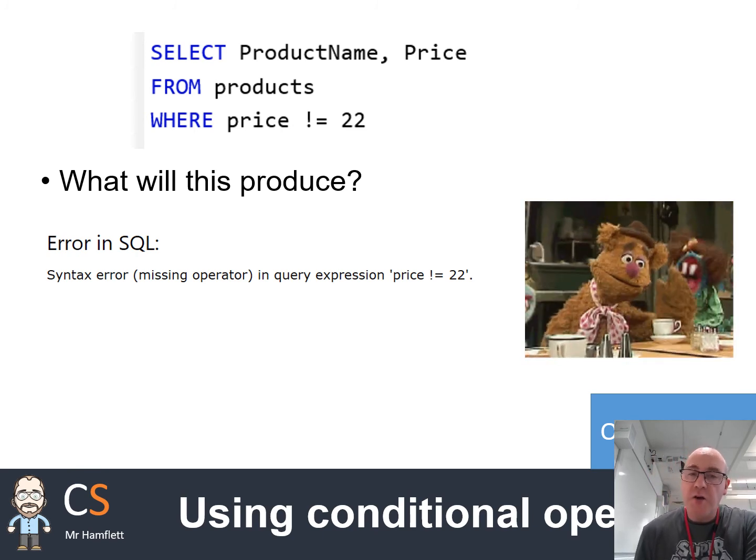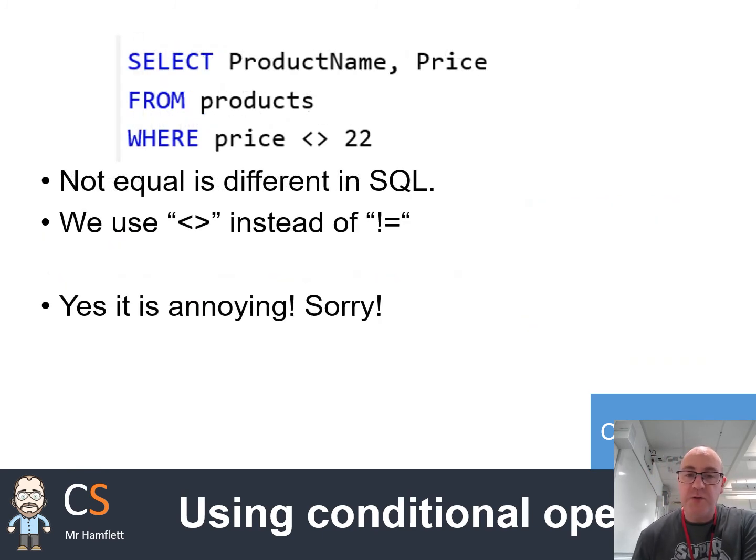So another way of writing not equals is this. It is a bit annoying, I'm aware of that. You have these two greater than and less than symbols facing away from one another. It just means not equals. In the exam, if you wrote exclamation mark equals, you're most likely to get the marks anyway, so don't get too worried about it.